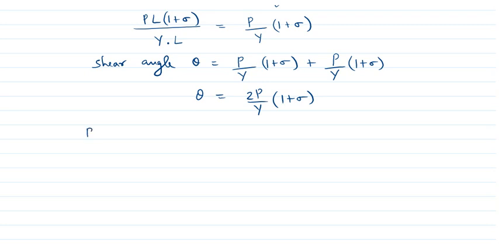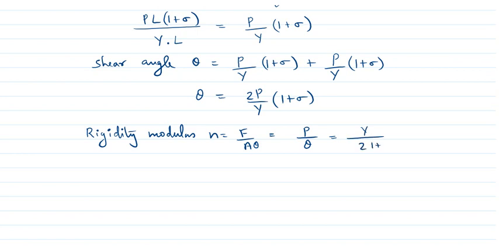Now we already know what the modulus of rigidity is. Rigidity modulus N equals F divided by A, that is stress by strain. Here the shearing strain will be theta, so N equals F by A theta, which is P by theta. From this equation, P by theta will be equal to Y divided by 2 times 1 plus sigma. We can also write this as Y equal to 2N times 1 plus sigma.